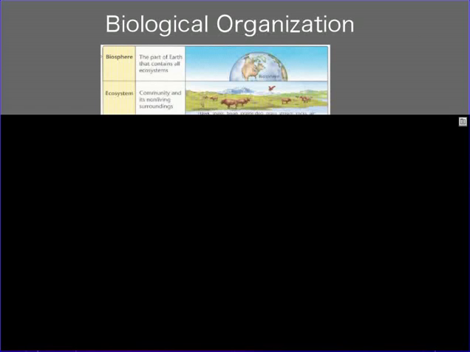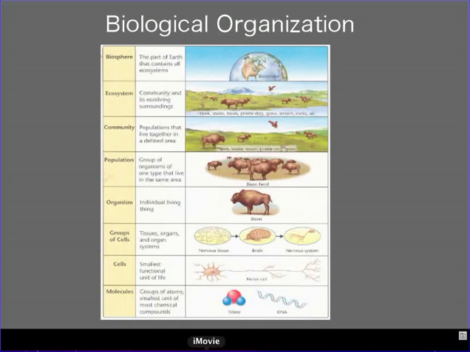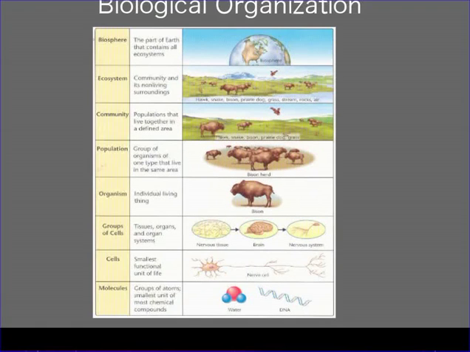So, biological organization. Start at the smallest. You'd start down here at the very bottom, which would be molecules right here. Cells. So a bunch of molecules make up a cell. Cell is the smallest function of life, so that's what we're going to start with in biology, since bio is the study of life.